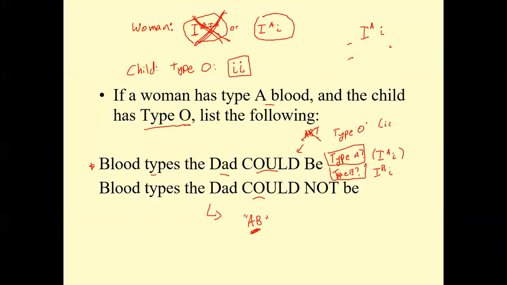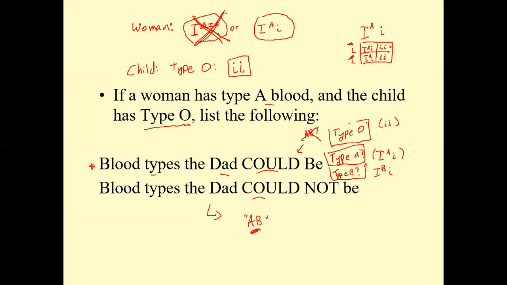Again, that would be his genotype. If mom's type A, I think you guys can see this right away, at least I hope you can, that if he was little i, and I cross it with another little i, you're going to get a good chance that your baby is going to have type O blood. This would be a 50% chance of having A if dad is type O.